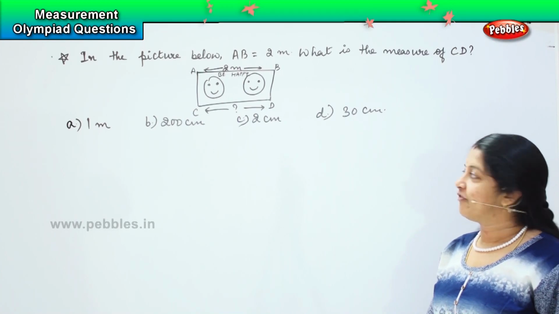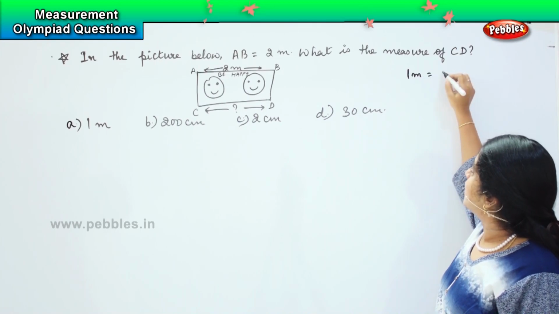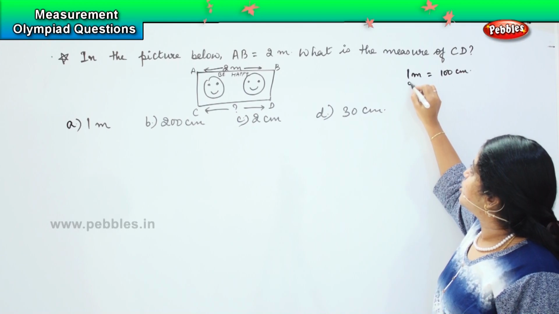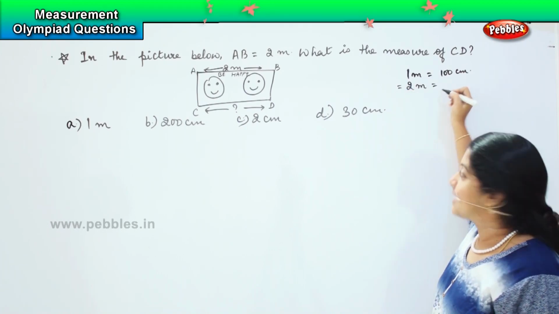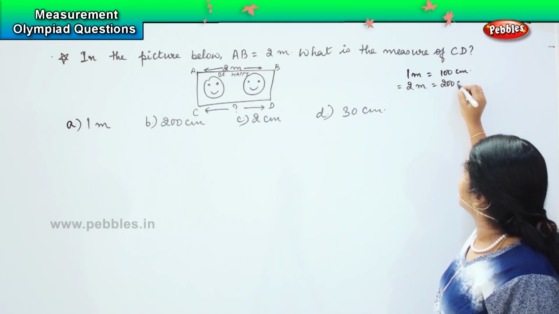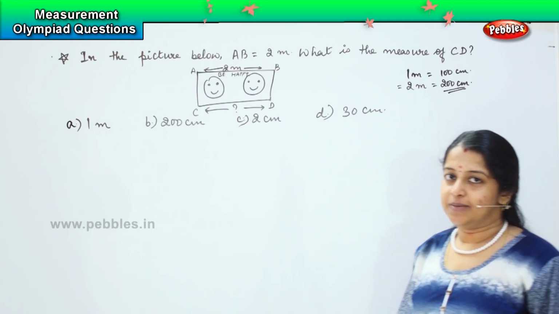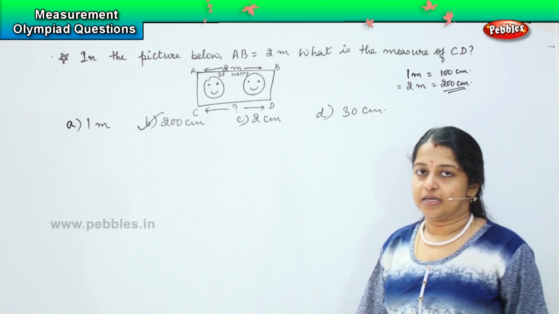No, we cannot. But we know very well that 1 meter is equal to 100 centimeter. So 2 meter should be equal to 200 centimeter, right? The options are given in terms of centimeter. So option B is the right answer.